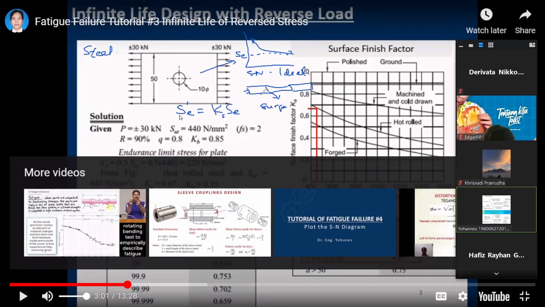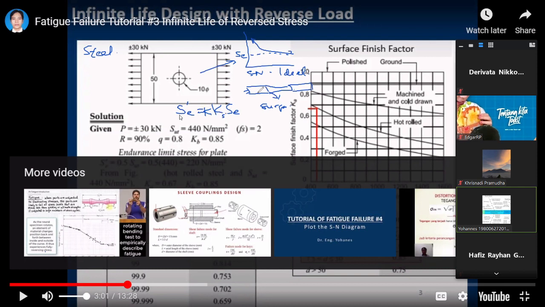For the standard specimen, it is polished, so the surface finish is very good, but in actual condition, the surface finish may be different. It can be rougher than in the laboratory. So we have to put the surface finish factor here, another factor.